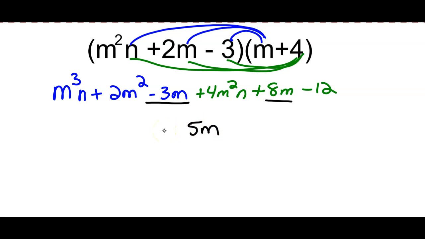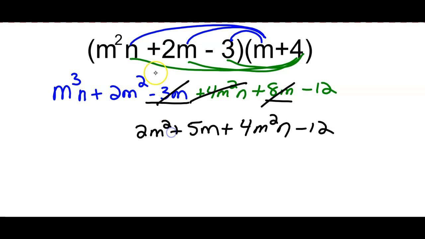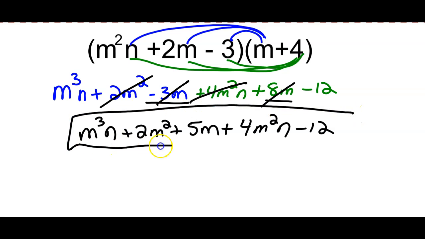Everything else though can't be combined, so just write out the rest of it. So those are done: 4m squared n, minus 12, 2m squared, and m cubed n. It seems a little lengthy, but there wasn't much that combined there for me in the end.